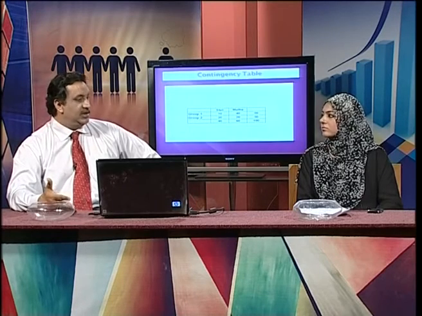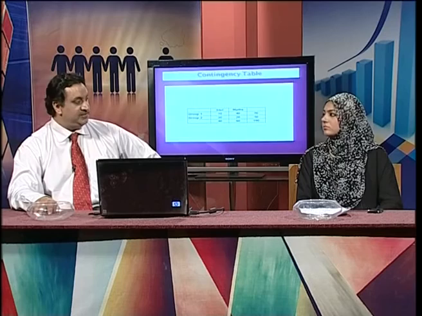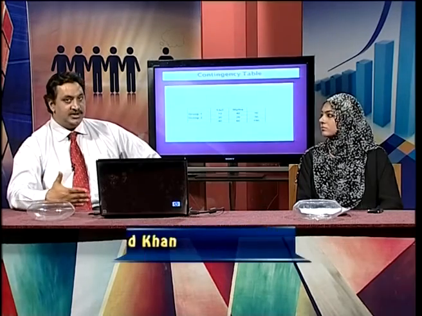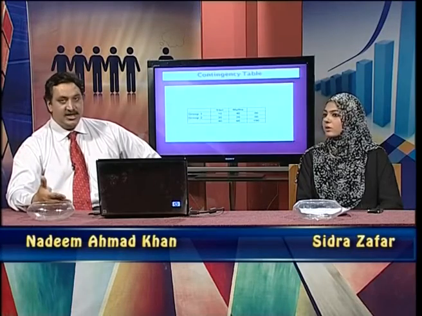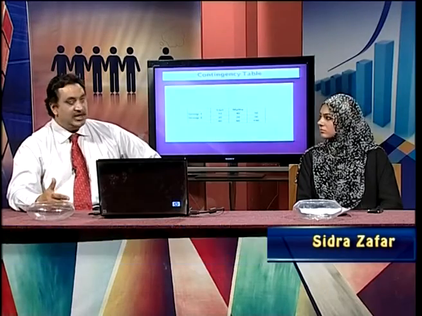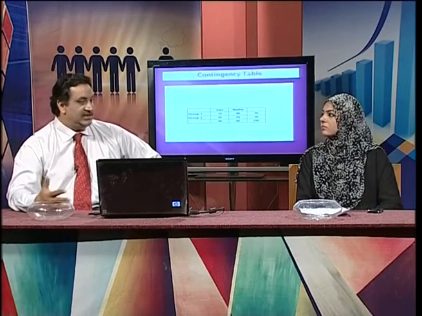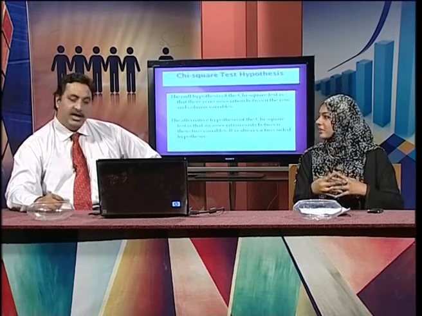Like, suppose students of an MBA program have two subjects, statistics and mathematics, and there are two groups. In a contingency table, we try to find the relationship between these two variables, the groups and the subjects: is there some association between the groups and the subjects or not? We use the contingency table for this purpose. And if there is no association, that means both the attributes are independent of each other.